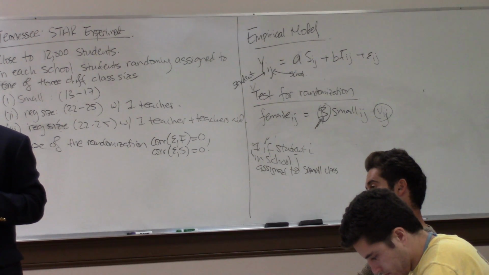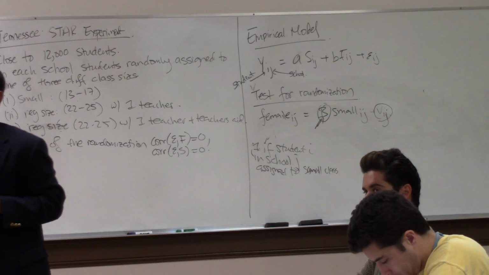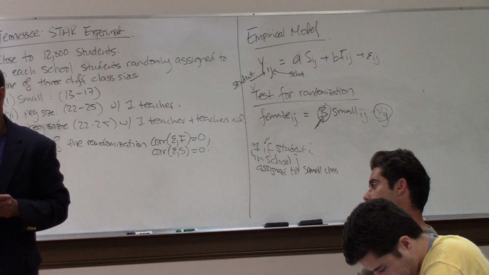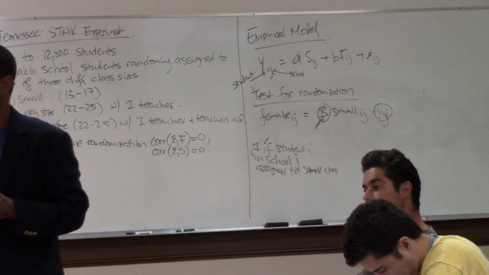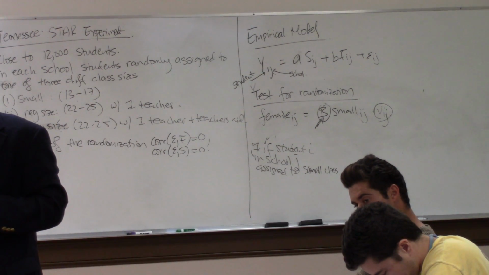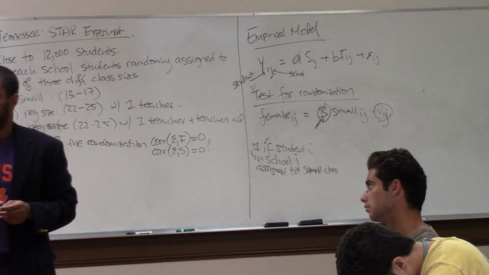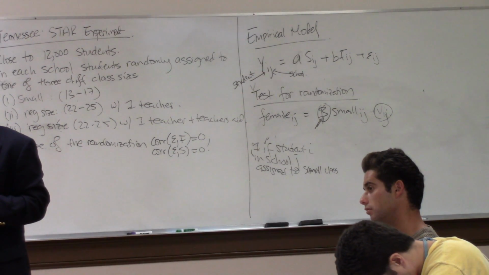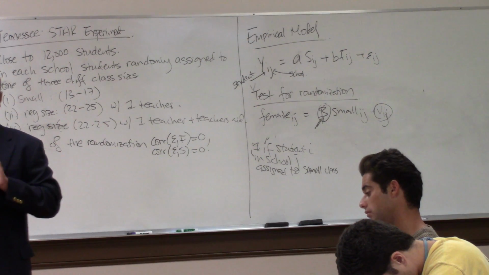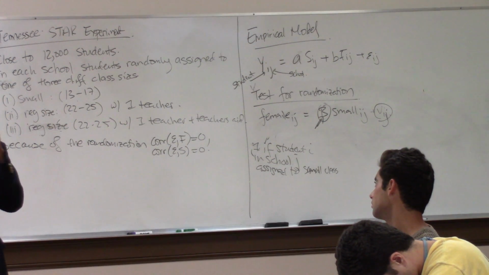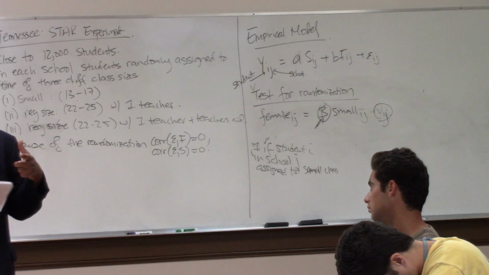Kindergartners in smaller classes would perform better than kindergartners in larger classes. Right? And in particular, how much better? 18.7%. That would be 0.187 standard deviations. Right? So the test score measure is computed in terms of standard deviations.